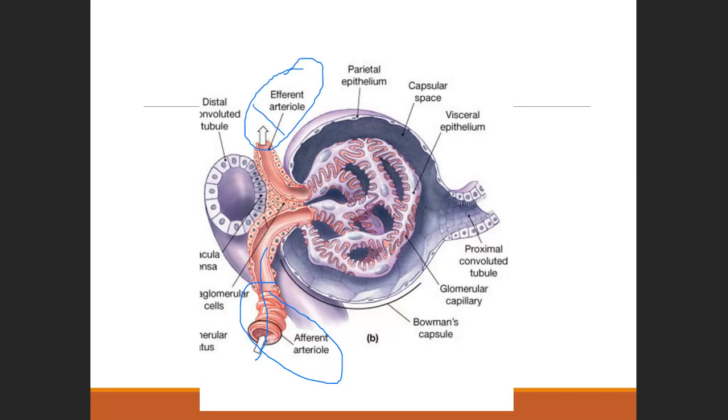If we constrict the efferent arteriole, we make it more difficult for blood to leave the glomerulus. And what that does is it will cause a back pressure in the glomerulus, forcing more fluid through the glomerular wall than our blood pressure would have been able to accomplish.